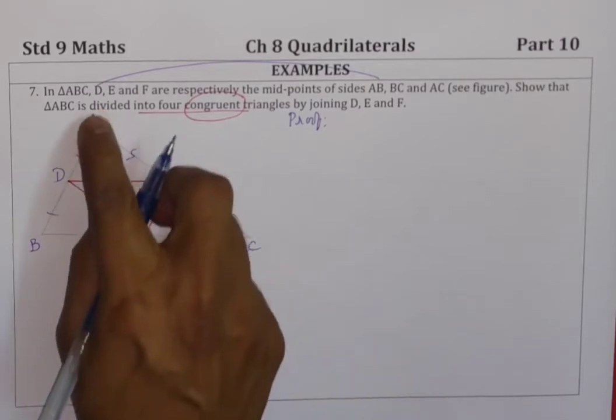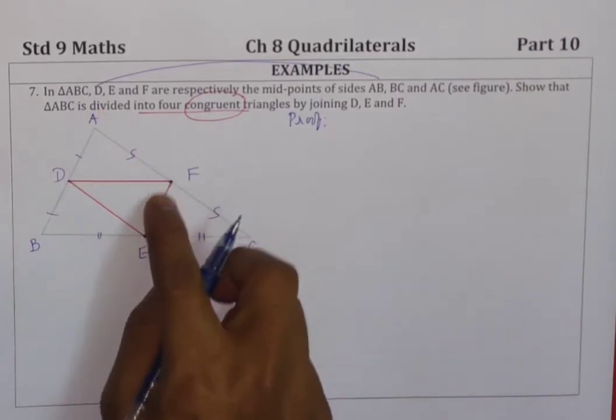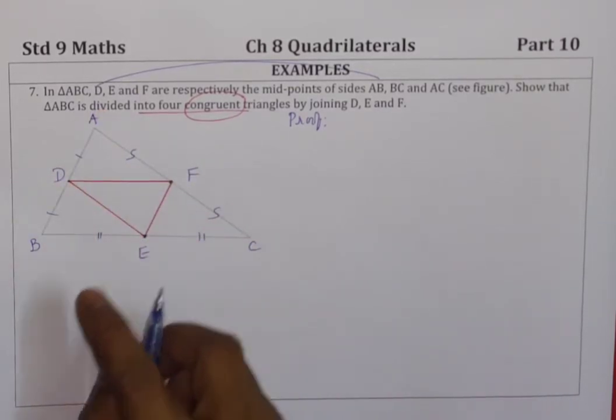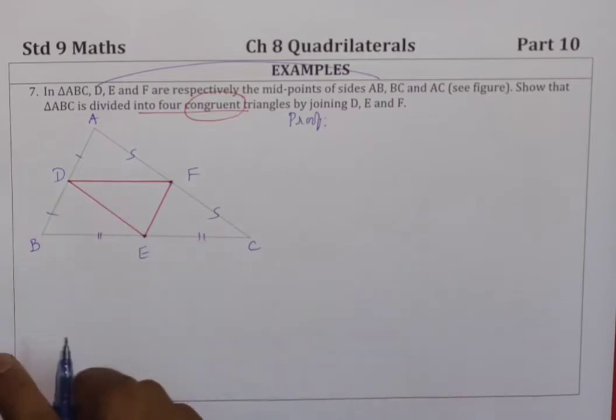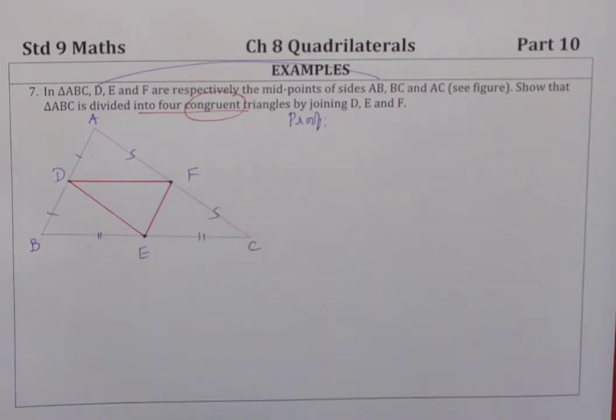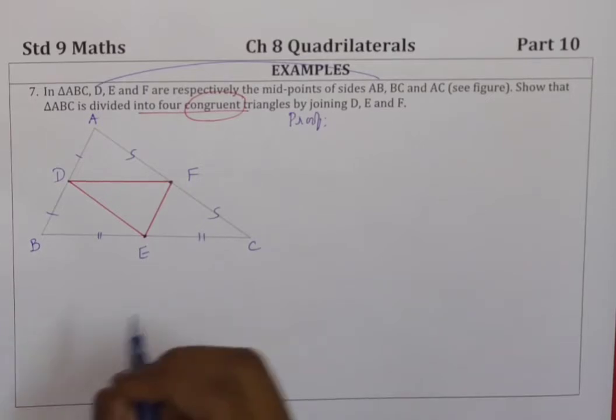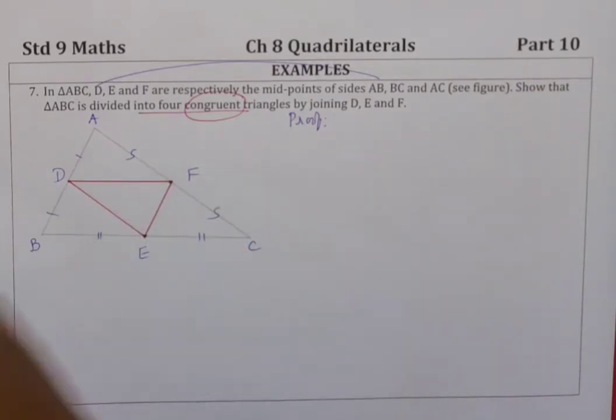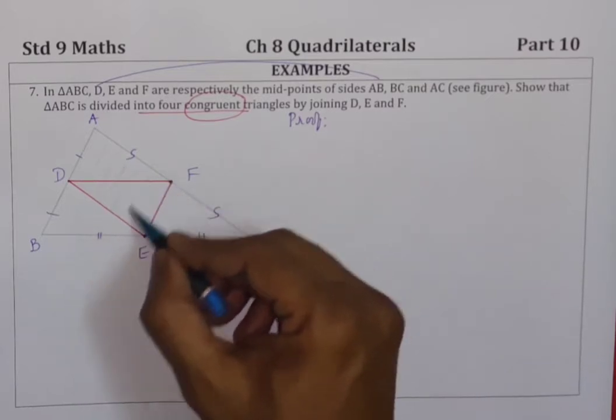Children, what you have to prove? Triangle ADF is congruent to triangle DEF, and that is also congruent to triangle BDE, and that is also congruent to triangle EFC. Children, we are going to use the midpoint theorem. I'll show this quadrilateral ADEF is a parallelogram.